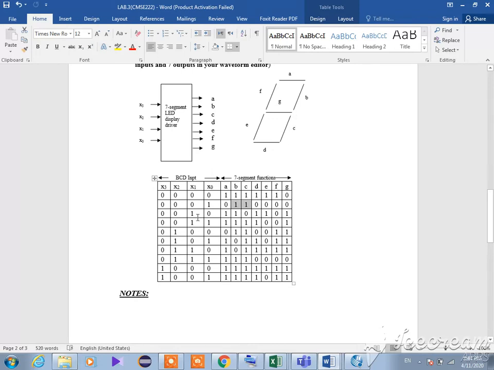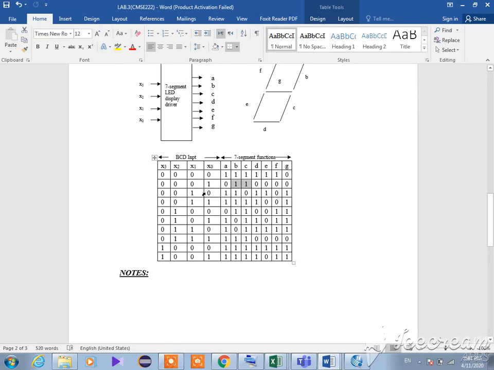Or for example, here for number 2, if x3, x2, and x0 in this line are 0, and x1 is 1, it stands for number 2. Okay, so here A, B, D, E, and G should be 1.